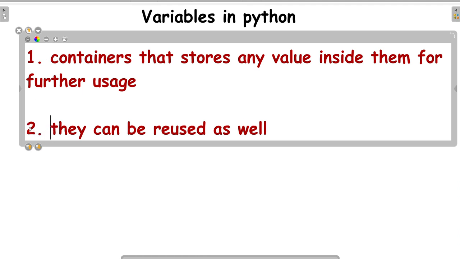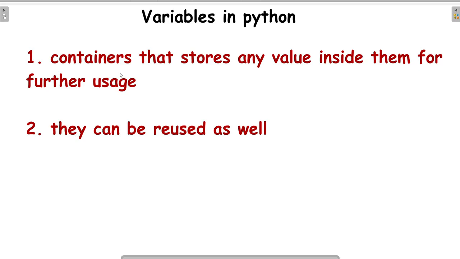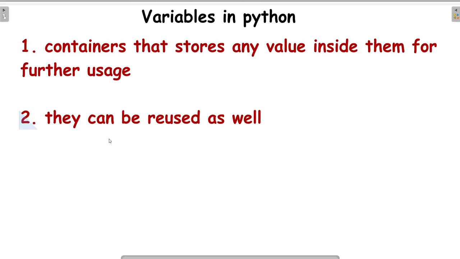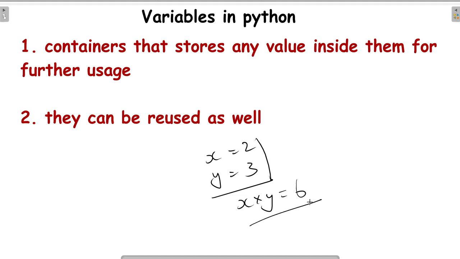Now, coming to how we are going to use variables for storage. For example, I am taking x equals 2 and y equals 3. Now, what if I say x multiplied by y and I want the answer? You will answer 6, right?